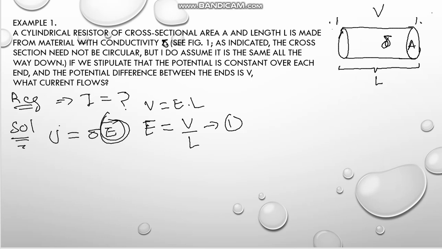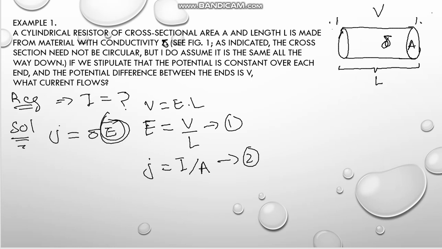Now J is equal to I by A, the cross-sectional area, and we name it equation 2. So now put equations 1 and 2 in Ohm's law.